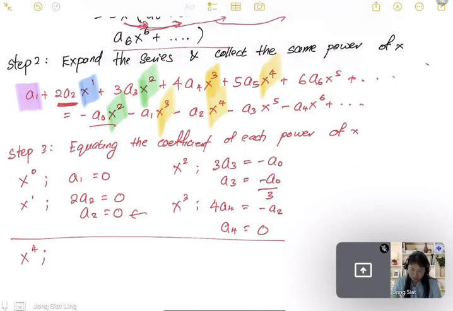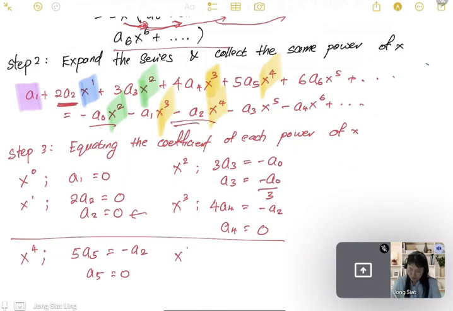In yellow highlight, I have 5a5 at the left hand side, and the right hand side I have negative a2. Negative a2 also equal to 0, therefore a5 also equal to 0.